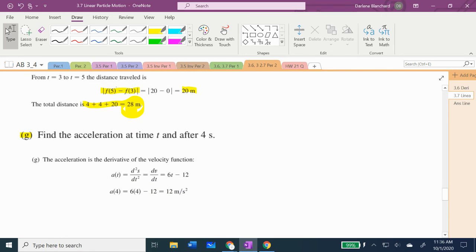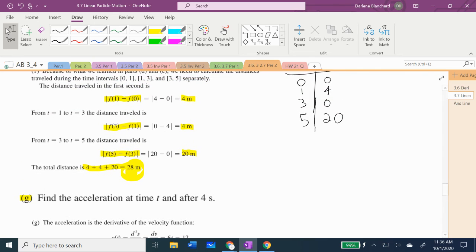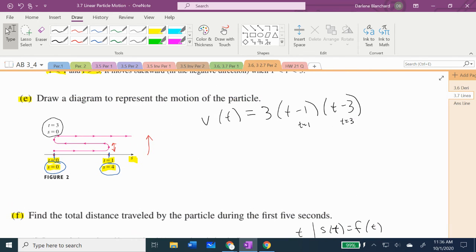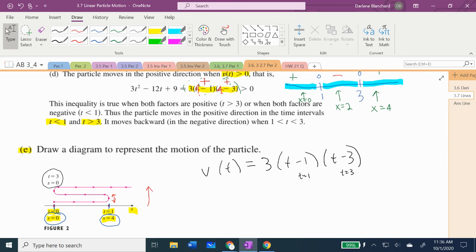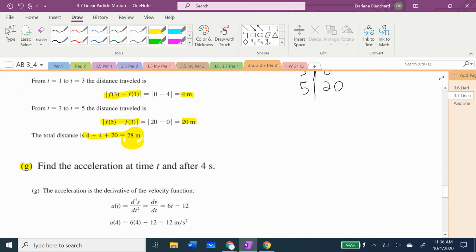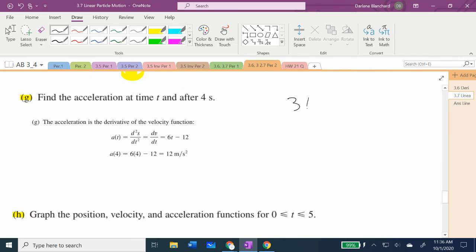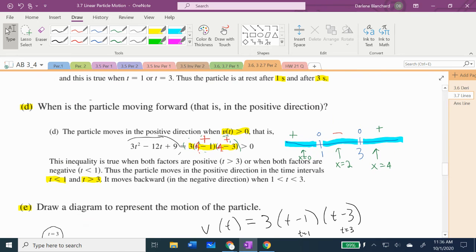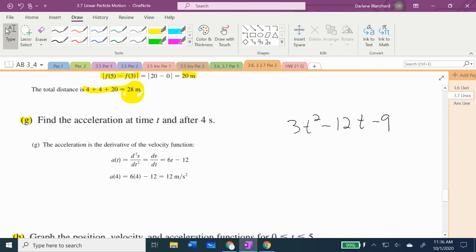Now, part G wants the acceleration at time t and after 4 seconds. So you're going to be better off if you take the velocity function not factored. So 3t squared minus 12t, and then was it minus 9? Forgot already. It was plus 9.